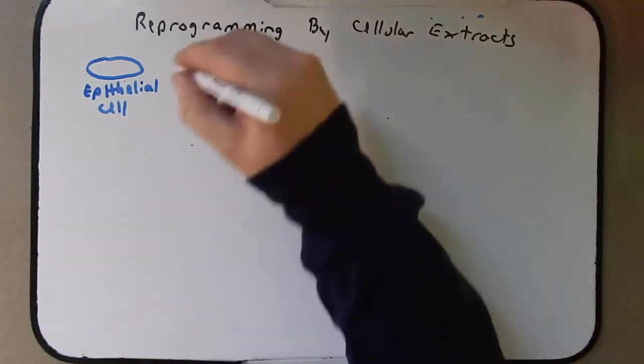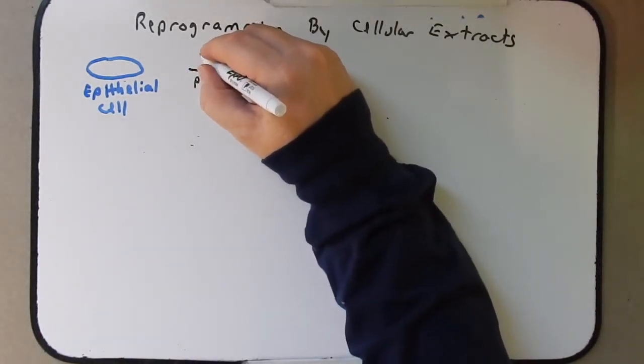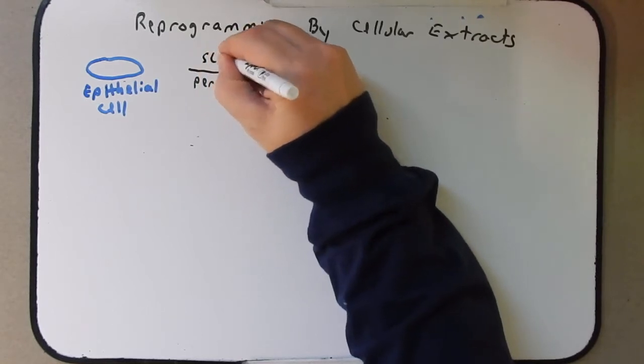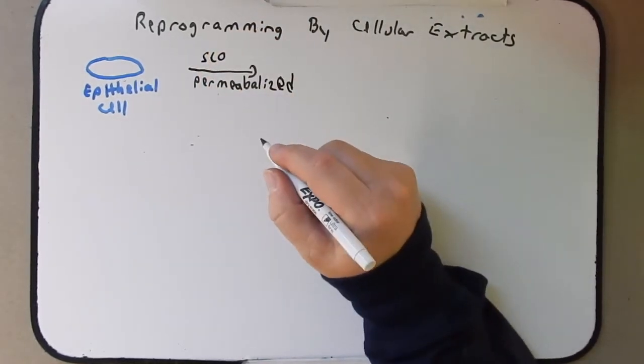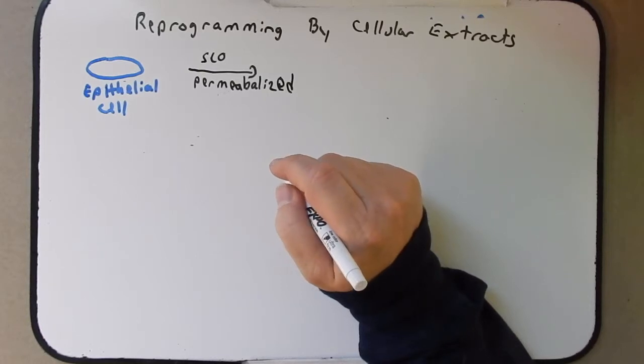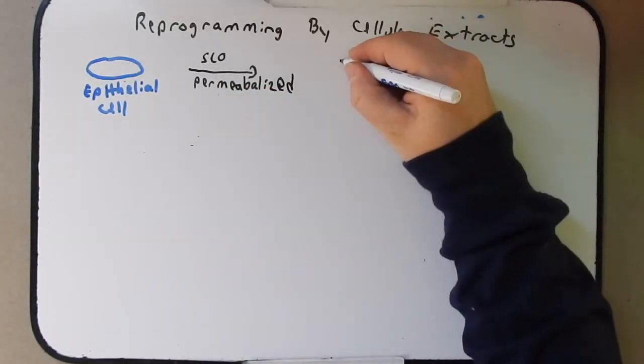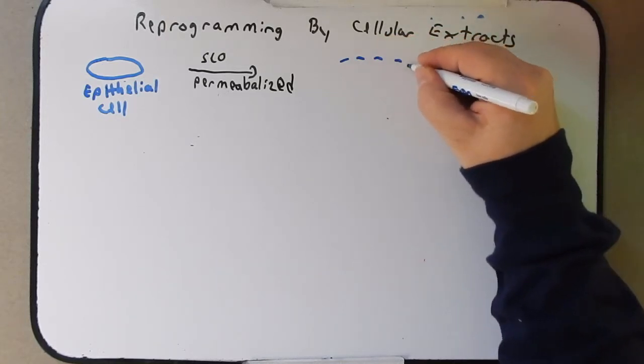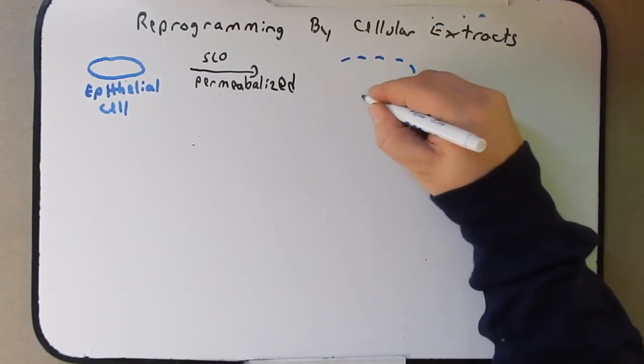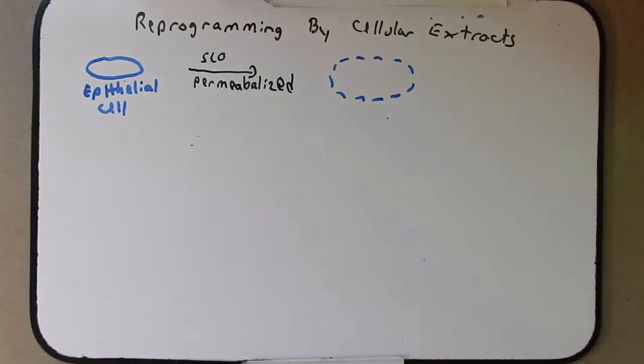And it's done by using a toxin that we're going to just call SLO. It stands for streptolysin O toxin, but we'll just call it SLO. And then what happens here is it punches a bunch of holes in the membrane, and now we can apply cellular extracts to this cell and see what happens.